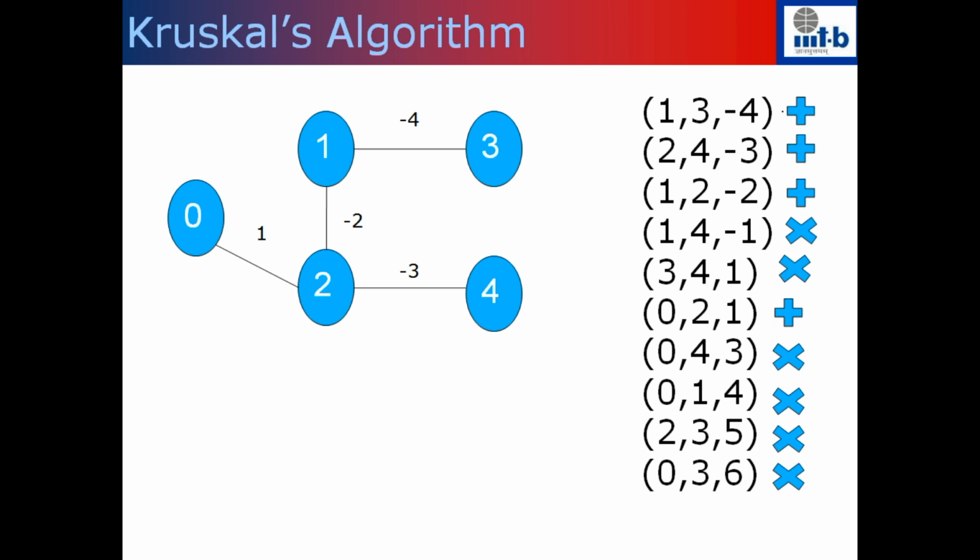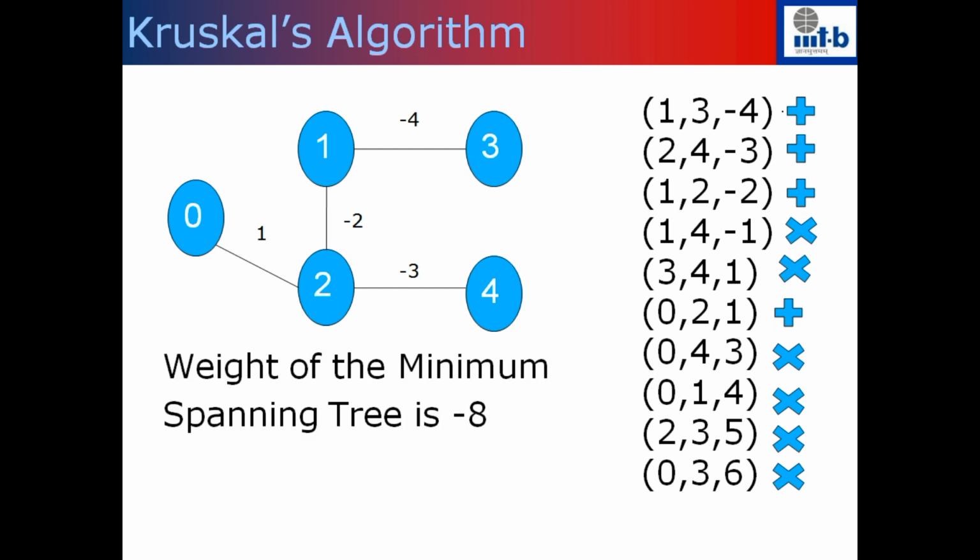If it goes within the same connected component, adding it into the MST will create a cycle, so we will just ignore the edge and move on. So we have got 4 edges in this. This is the weight of the minimum spanning tree, and the weight of the minimum spanning tree is minus 8. The edges that we collected during the process are exactly the edges in the MST.